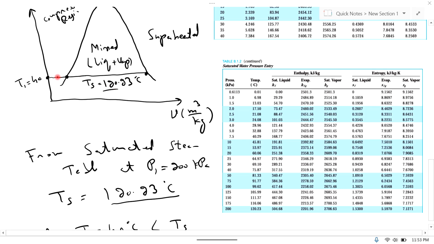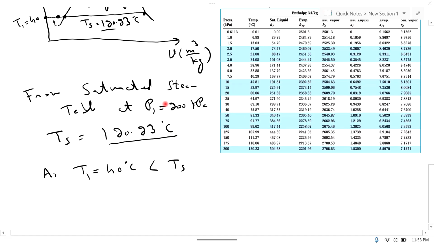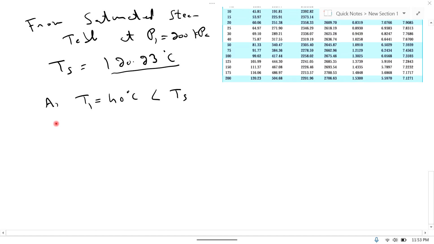It means that the state will be here in this region. So this is point 1 in the subcooled region. As T1 is less than Ts, initially the liquid is in the subcooled region.